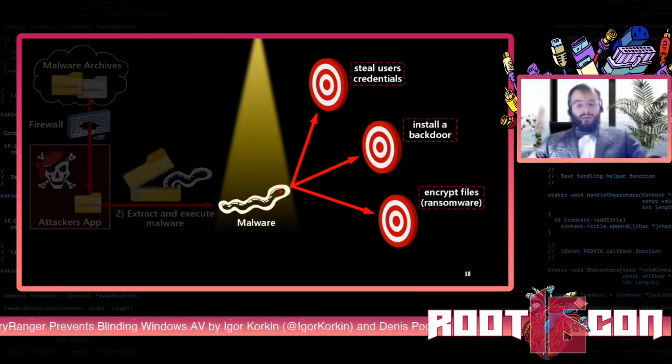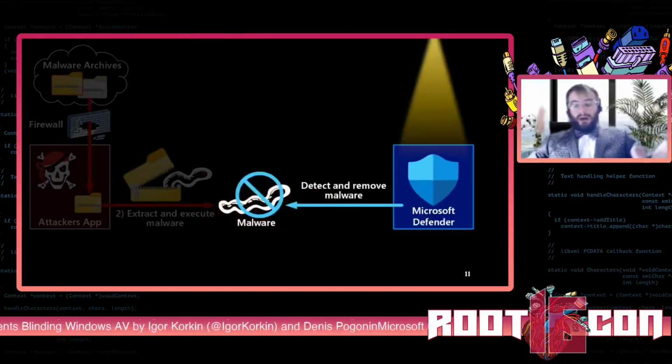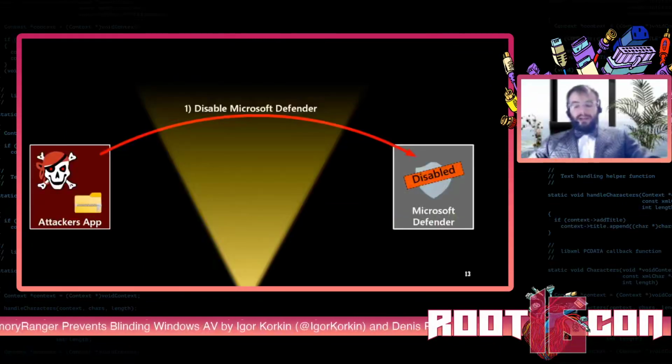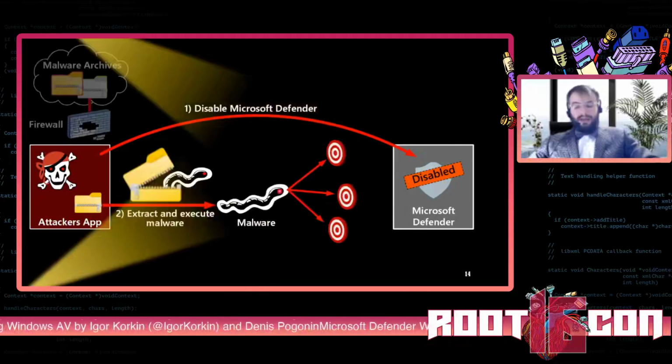But antiviruses and security solutions can detect all these malware samples and remove them easily. Attackers are always up to disable or blind security solutions. Such attacks result in disabling security solutions, and after that, the malware can be installed without triggering any security reaction because the security solutions are disabled.